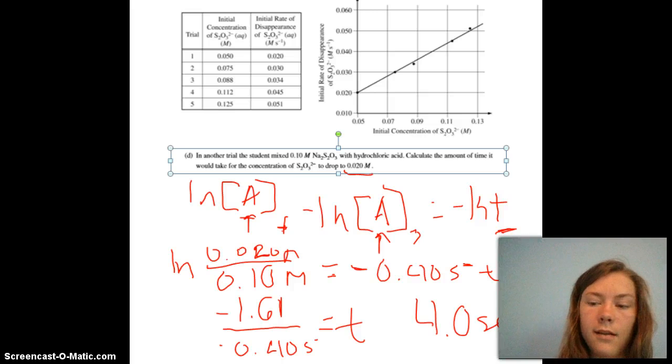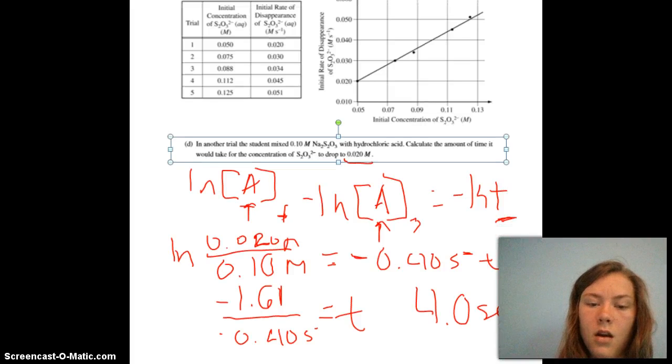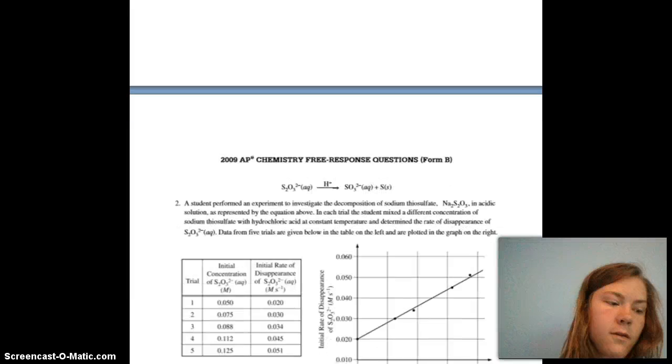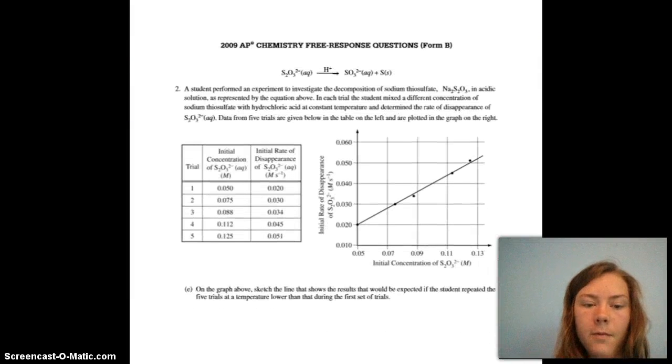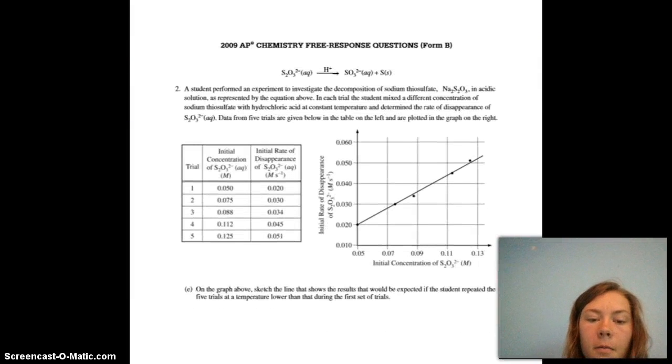drop to 0.02 molar. Okay, so for the final part, we are asked to, on the graph above, sketch the line that shows the results that would be expected if the student repeated 5 trials at a temperature lower than that during the first set of trials.